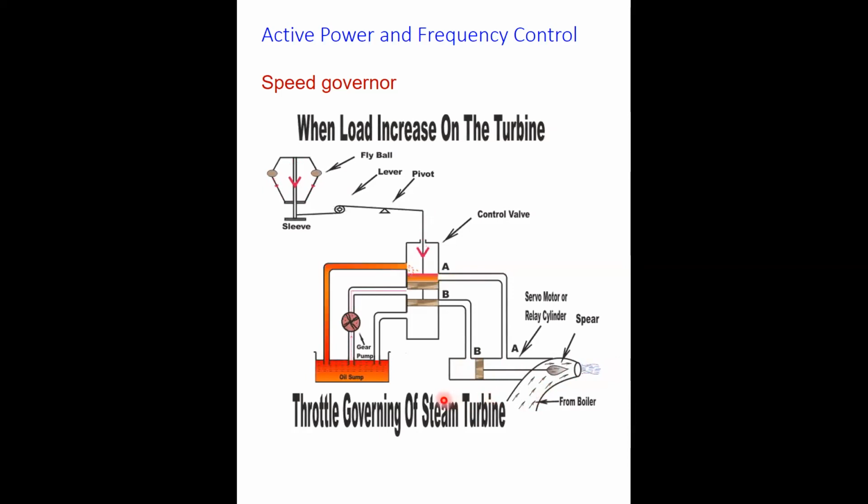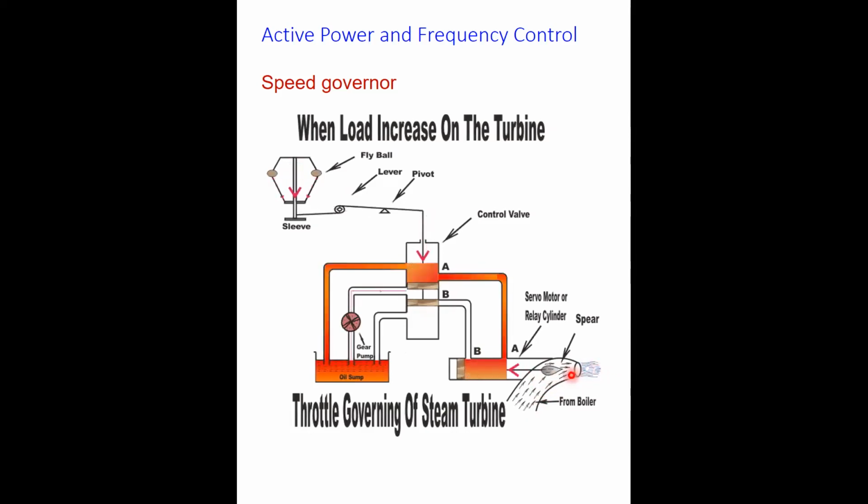As you can see here, sometimes we say the throttling of the governor valve. That means you position the valve here so as to control the steam inlet or the water inlet to the turbine section.